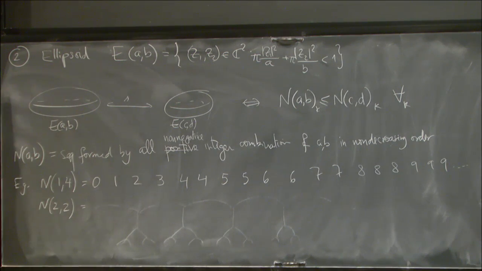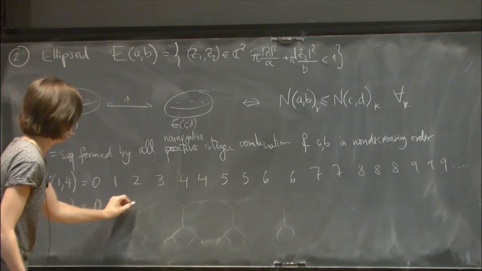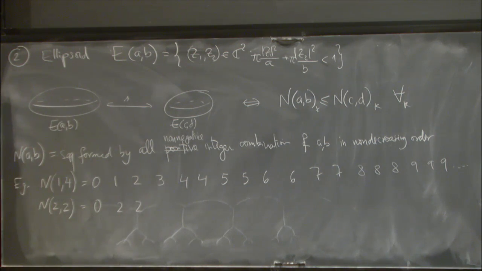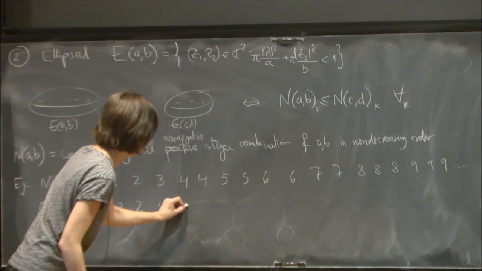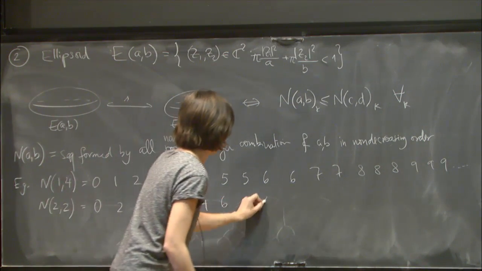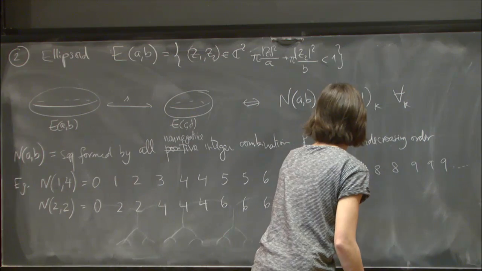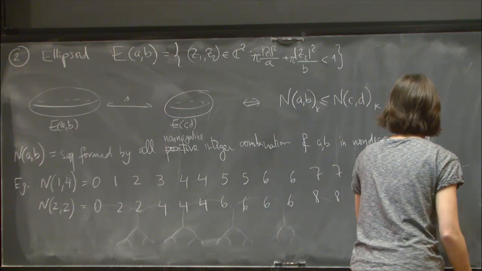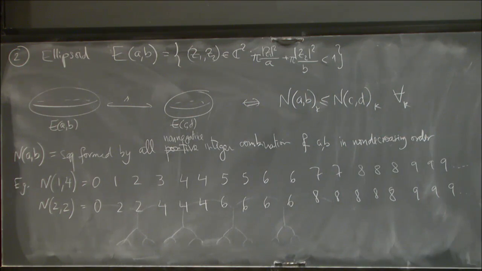And for example, if I have N(2,2), then again I can get 0 in one way. I can get 2 in 2 different ways. I can get 4 in 3 different ways. I can get 6 in 4 different ways. I can get 8 in 5 different ways, and so on and so forth.